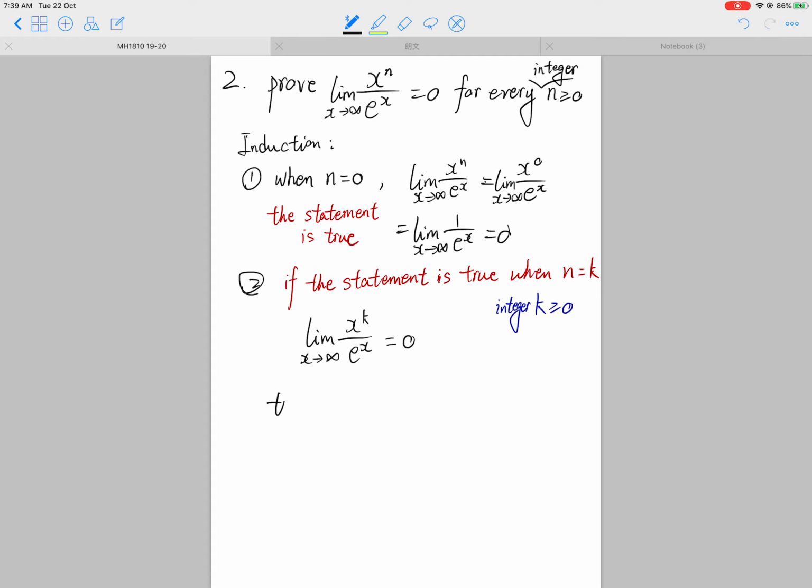Okay, then what about x to the power of k plus 1 over e to the power of x? So here you can use one-step L'Hopital's rule. It's just k plus 1 times x to the power of k over e to the power of x.